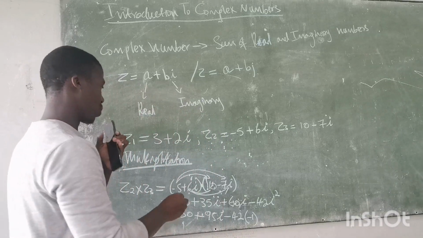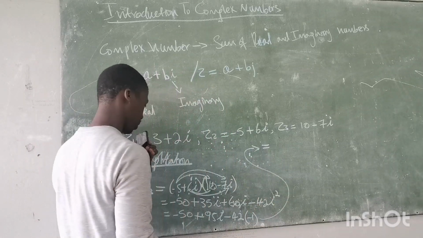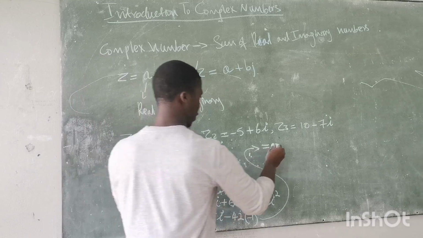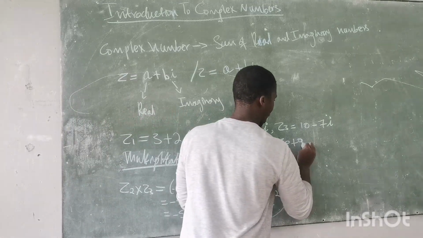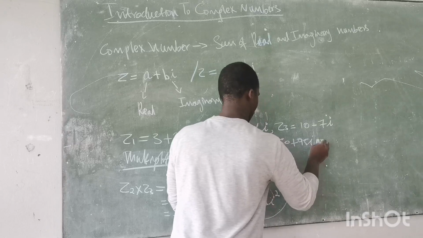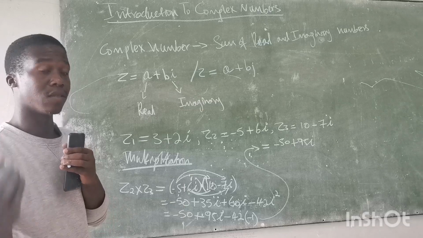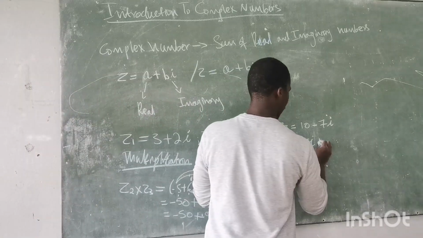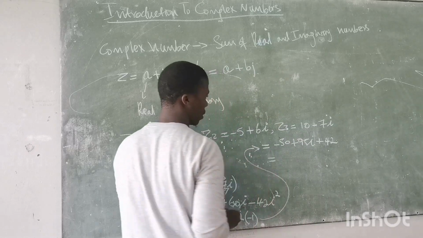So if we continue further, basically it's negative 50 plus 95i. Negative 42 multiplied by negative 1 is going to be positive 42, right?